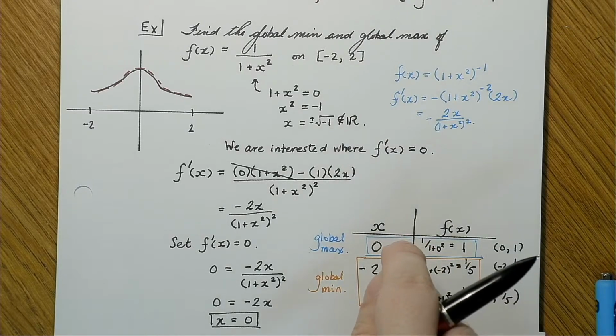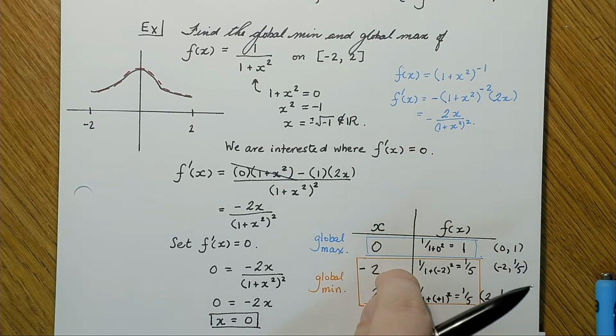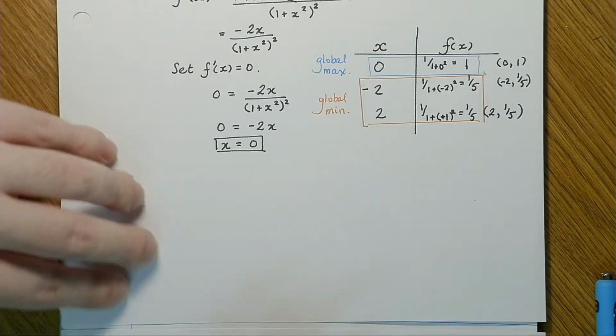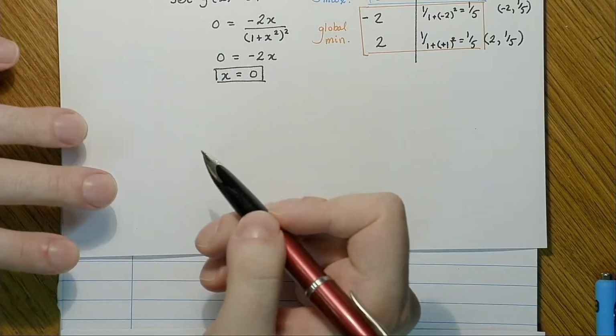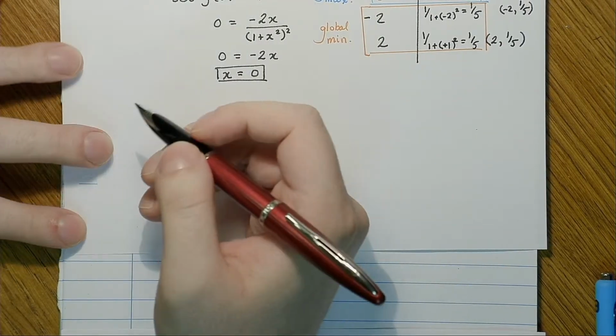We calculated where the critical points were, and then we calculated the values at the endpoints. At the end, we picked the biggest and the smallest values, and those correspond to the global maximum and the global minimum, respectively. That is what they call in the book the closed interval test.